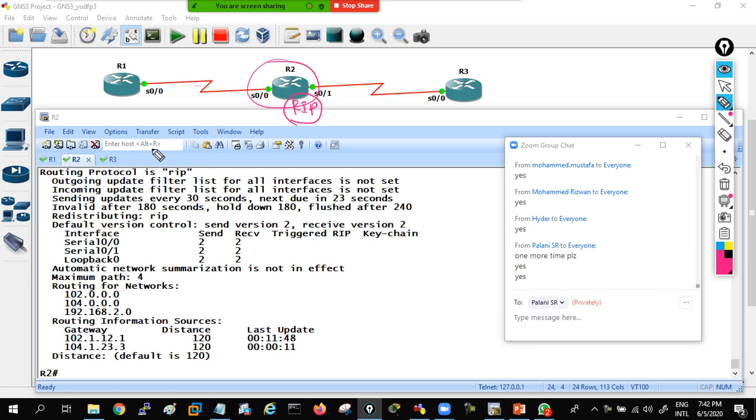RIP, what it will do, they know the multicast address is 224.0.0.9, right? Then immediately router 2 will also send the updates to the multicast address, and router 1 will also send updates to the multicast address. After that, router 1 comes to know router 2 is configured with RIP, and router 2 comes to know router 1 is configured with RIP. Then after that they start communicating with each other and they share routes. This is the general process.